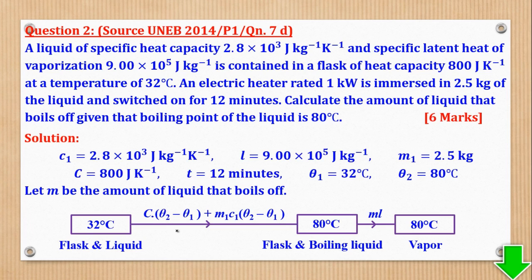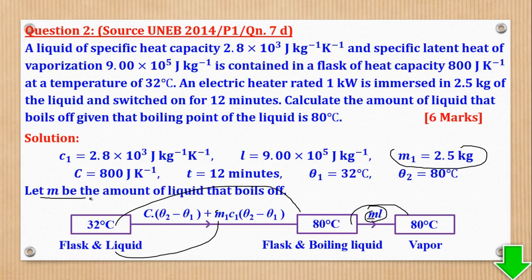Okay, now here what you need to realize is that the mass here of the liquid is M1. But here I'm putting there M. Why? Because from here to here, this mass is the entire liquid which was given. But from here to here, the mass I'm using is the mass which is vaporizing.